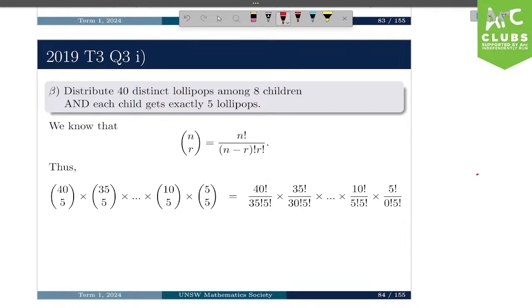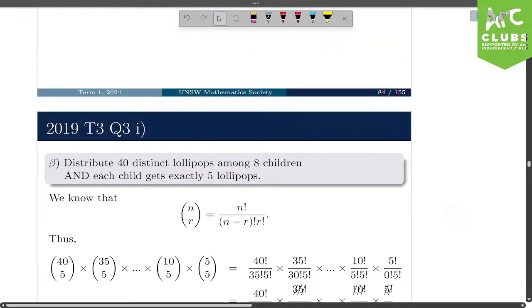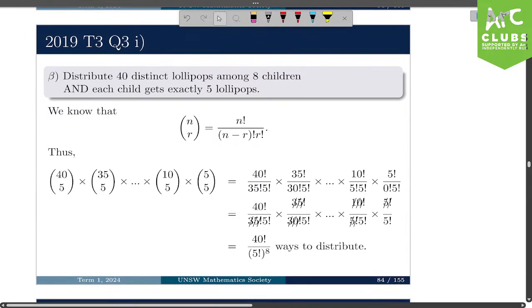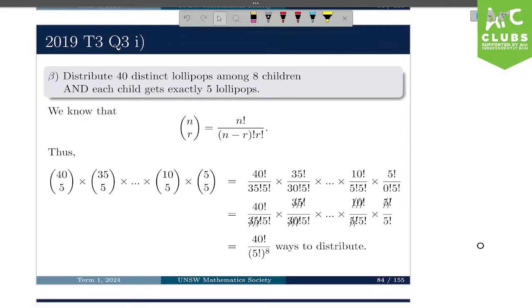So our first term is 40 factorial on 35 factorial times 5 factorial, and the next term is 35 factorial on 30 factorial times 5 factorial, and so on. So we can cancel this with this. As you can see below here, we can cancel each term that isn't 5 factorial, and our final result will be 40 factorial on 5 factorial to the power of 8.